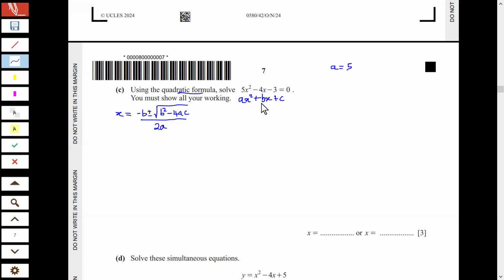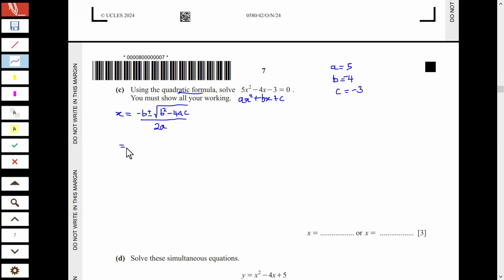The coefficient of x is b, and in this case the coefficient of x is negative 4. So b will be negative 4. And the coefficient c, which is a constant, is negative 3, so c is equal to negative 3.